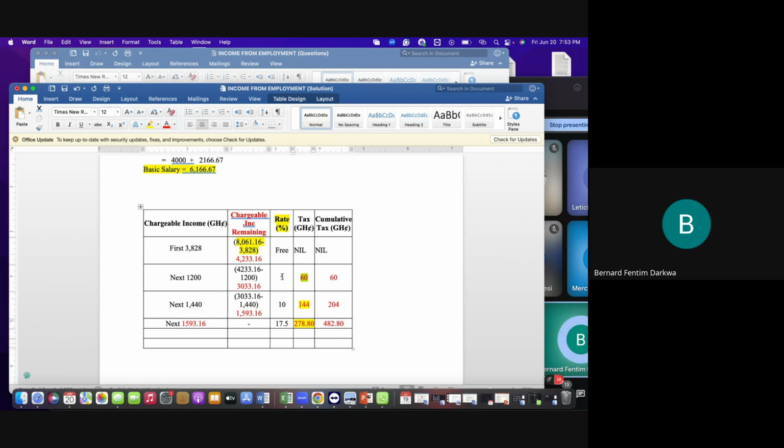Now the income has not finished. We can go to the next level. You have a balance of 3,033 left. So when you come to the next level, you should take the next 1,440. The salary income remaining is 3,033.16. So we take 1,440 from this one.